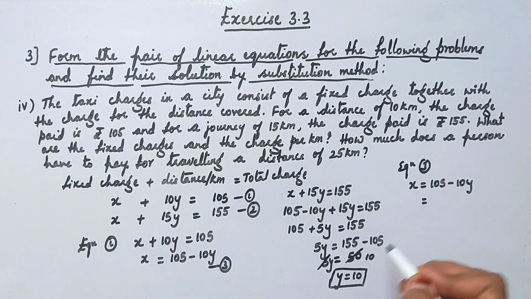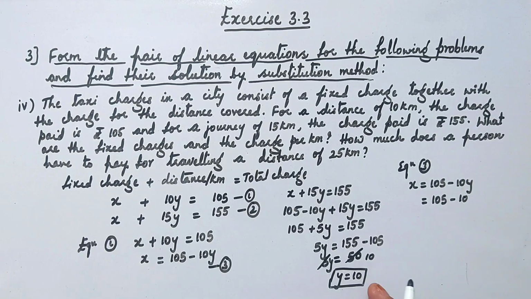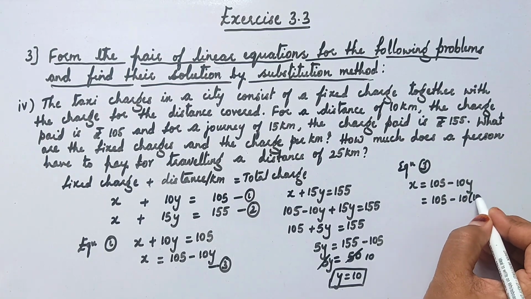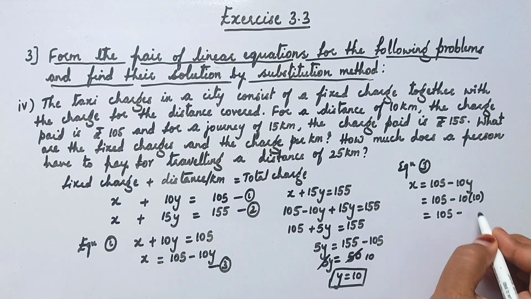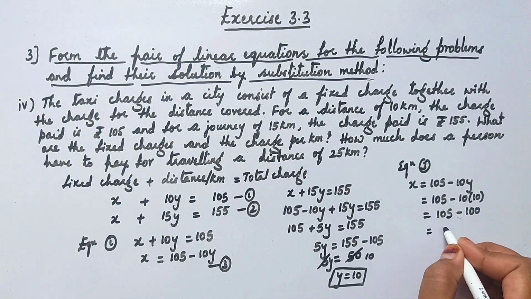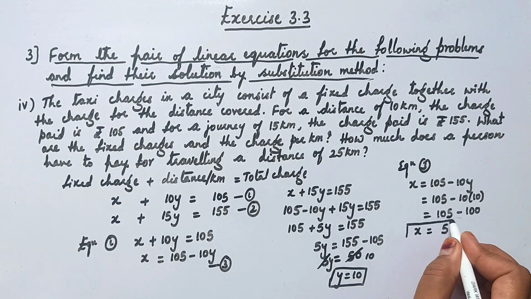Here 105 minus 10 into the value of y, which is 10. Here 105 minus 10 tens are 100, that is 5. x equal to 5.